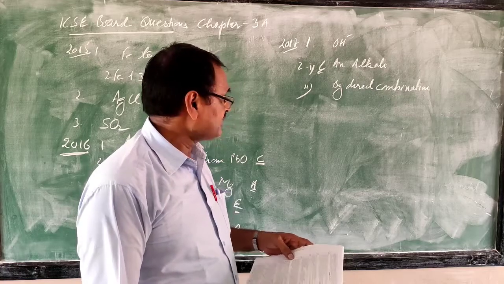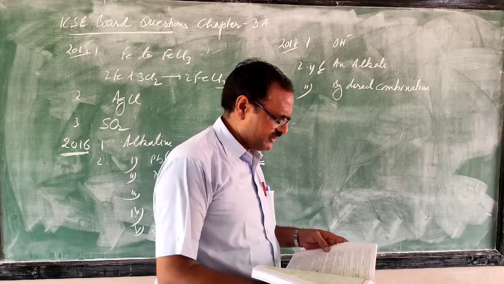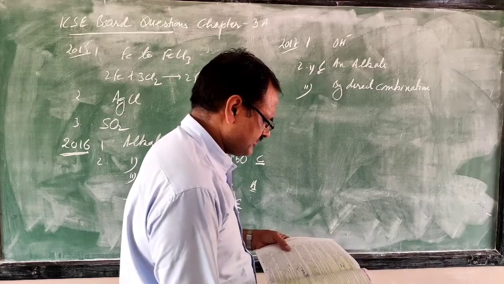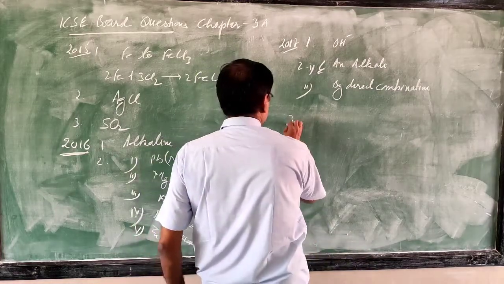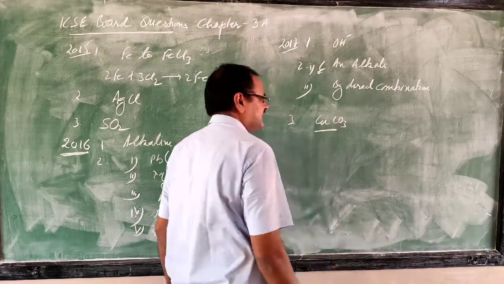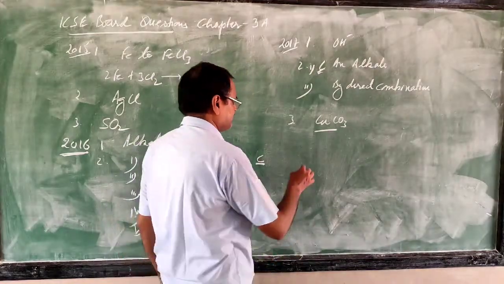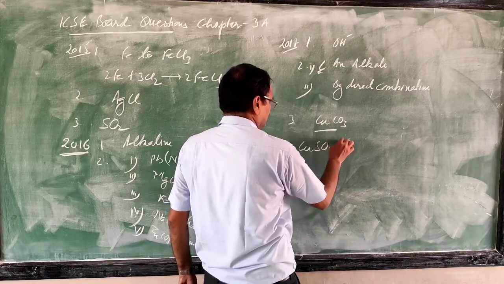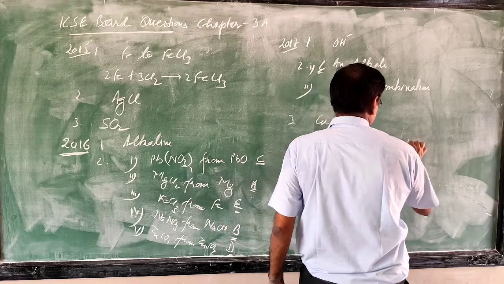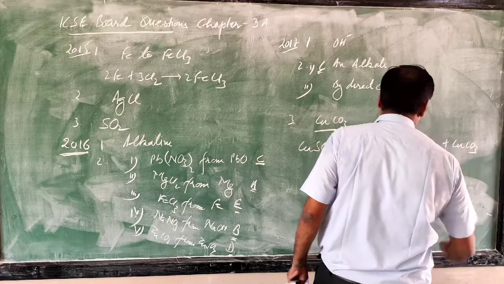Then third question, write a balanced chemical equation for the preparation of each of the following salts: copper carbonate and ammonium sulfate crystal. Copper carbonate is an insoluble salt, so it can be prepared by precipitation by double decomposition. So copper sulfate, when reacted with sodium carbonate, forms sodium sulfate and copper carbonate.